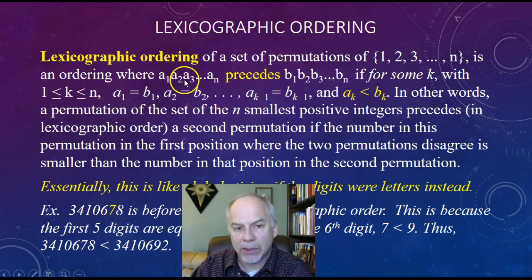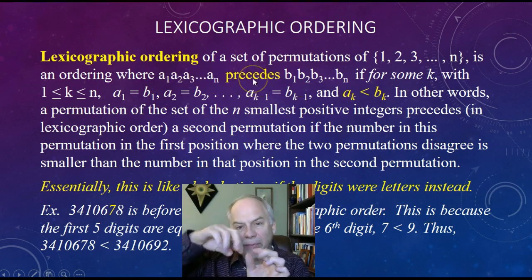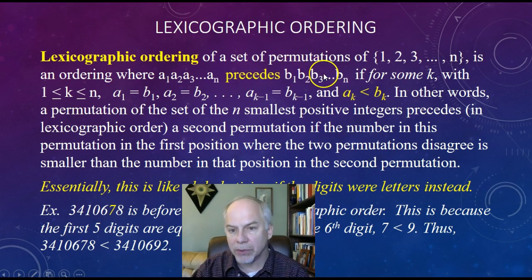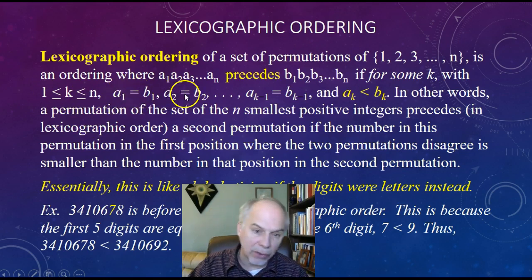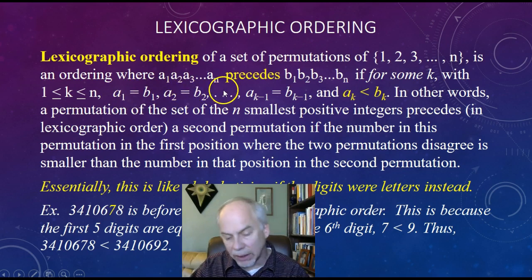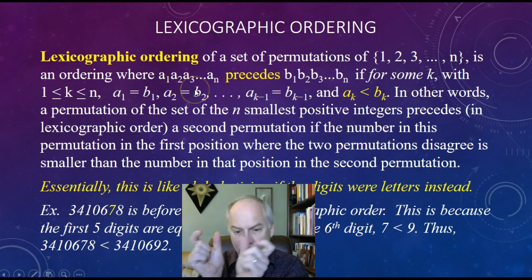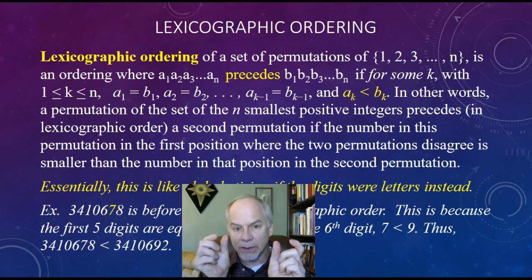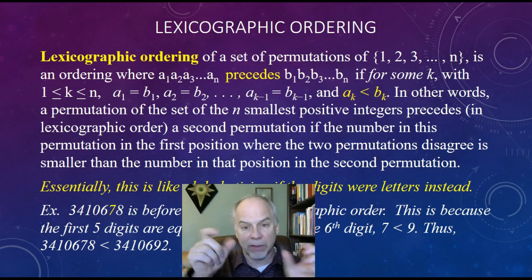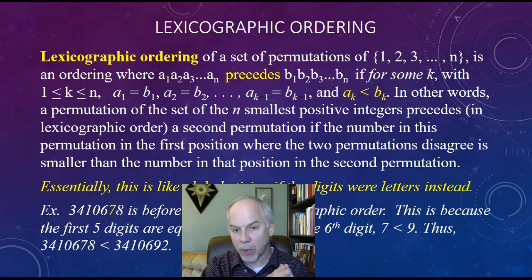Now, A1, A2, A3, dot, dot, dot, all the way to An will precede or come before B1, B2, B3, all the way to Bn, if for some k value, with k being between 1 and n, you have A1 equal to B1, A2 equal to B2, A3 equal to B3, so all of the first few elements in the permutations are the same, all of those are the same up until k minus 1.